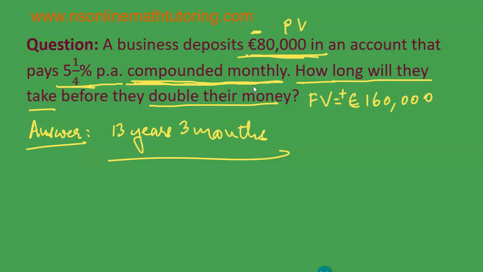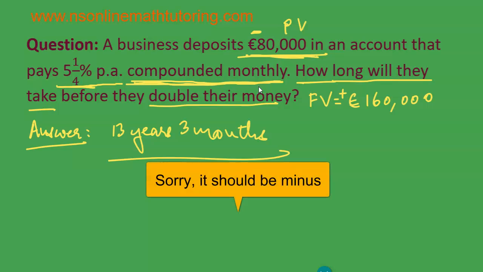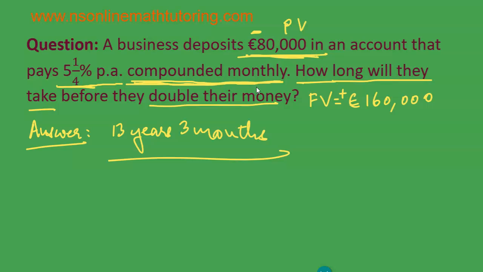In case of a loan, remember that the PV will have a plus sign because you are receiving the loan amount, and what you are paying back, the money you received plus the interest, will be minus.